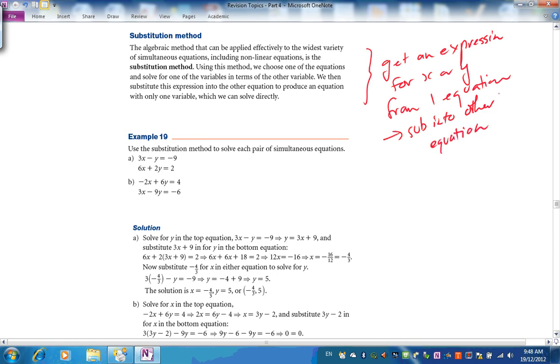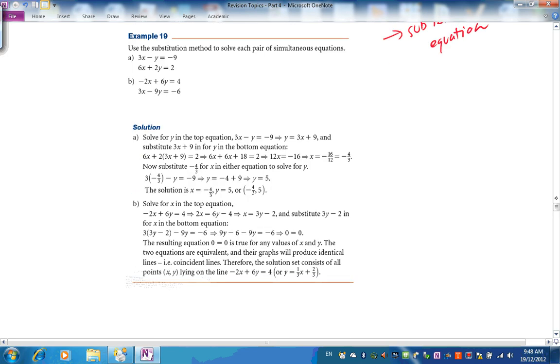They're trying to end up with an equation with just one variable, either x or y. The elimination method adds or subtracts them to remove the common term in both, where the coefficients of x's are the same, or y's. This one takes an expression for x or y from one and puts it in the other equation to remove that.